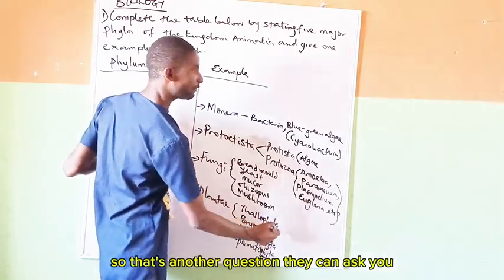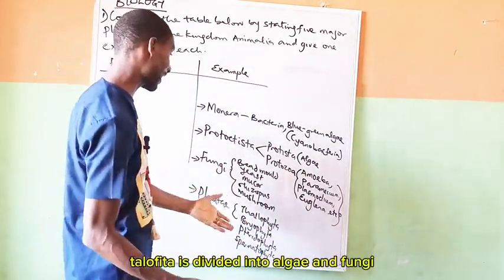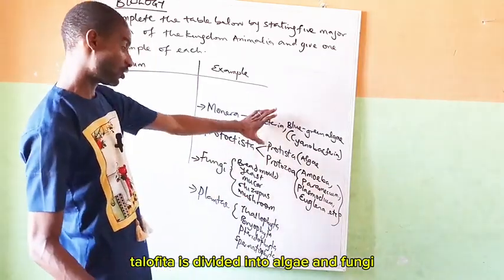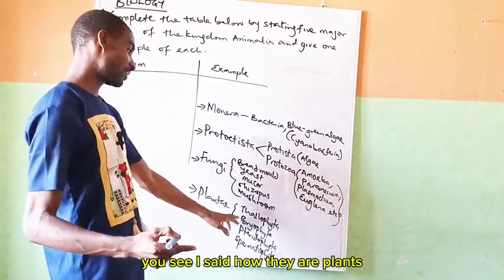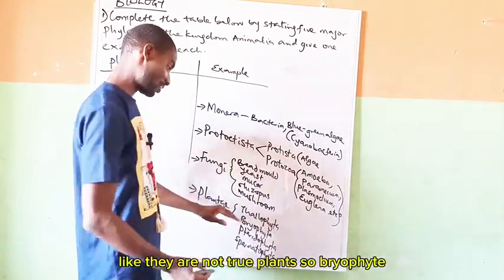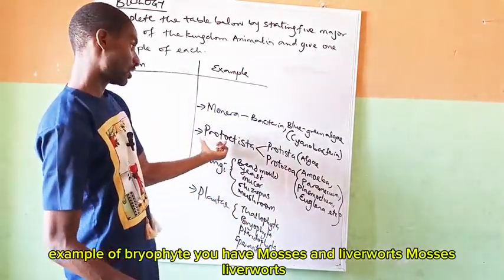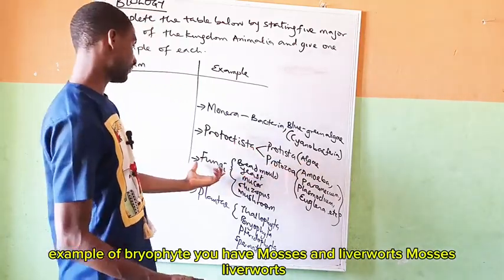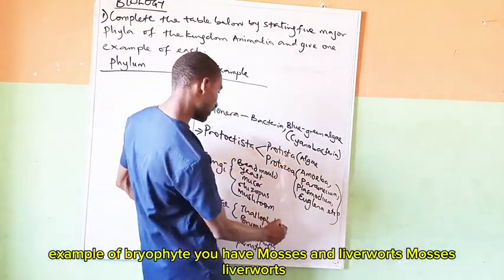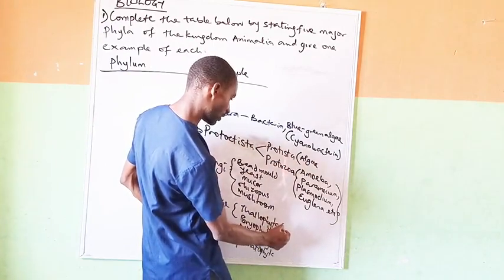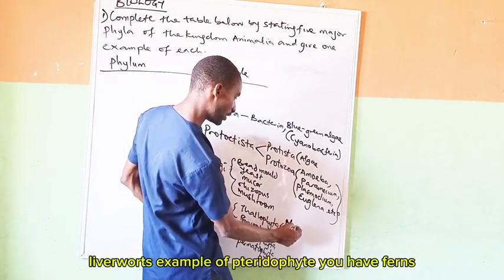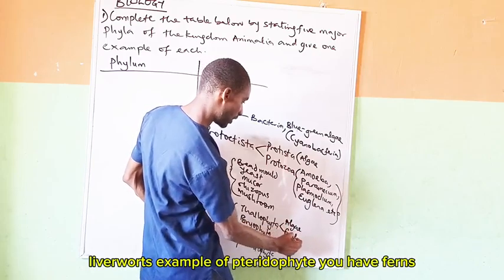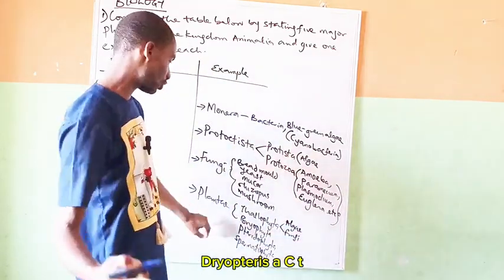Under Thallophyta, the algae and the fungi, which is actually part of what we've done here. That is why in some cases they don't include Thallophyta under Plantae, because algae and fungi are already covered. But Thallophyta is another question they can ask you. Thallophyta is divided into algae and fungi. As I said, algae are plant-like, they are not true plants.